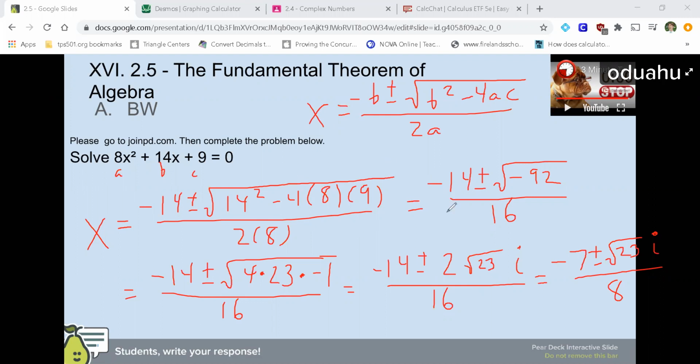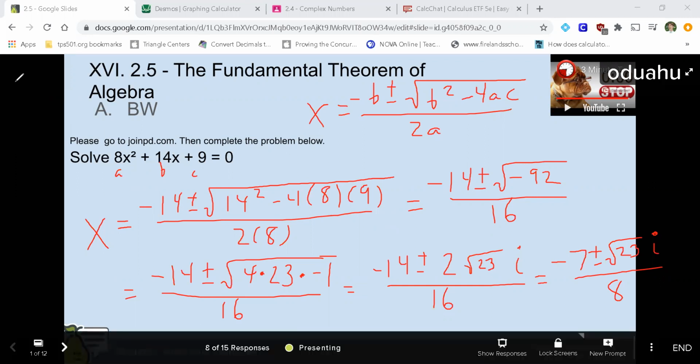Do we feel like we're okay with this? Or do you want to see another? All right. I'm not getting any issues, so I guess we'll move on.